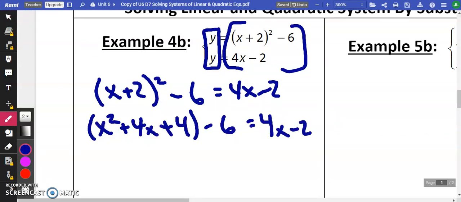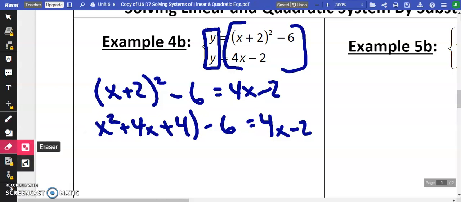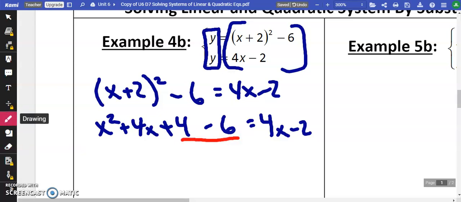Since I don't have any extra numbers in front of the parentheses, I can just get rid of those. And then from here, we're just going to simplify and combine our like terms. So the 4 minus 6 will subtract to negative 2. Of course, in order to solve a quadratic equation, we need one side of the equation to equal 0.